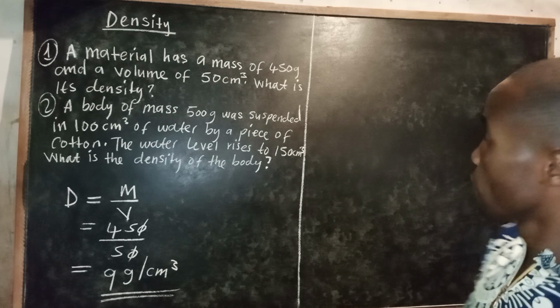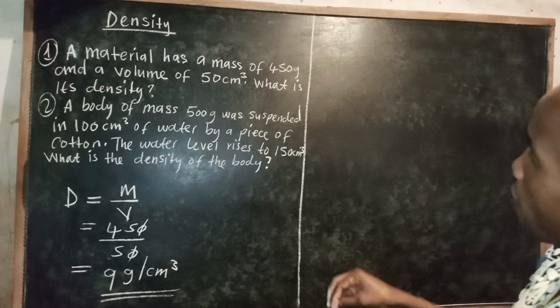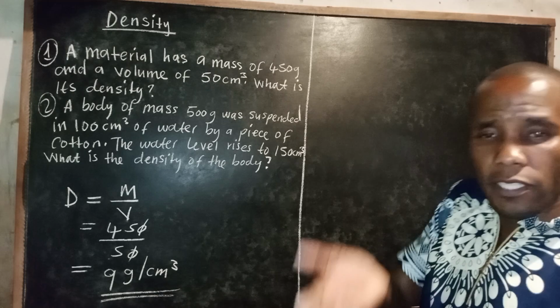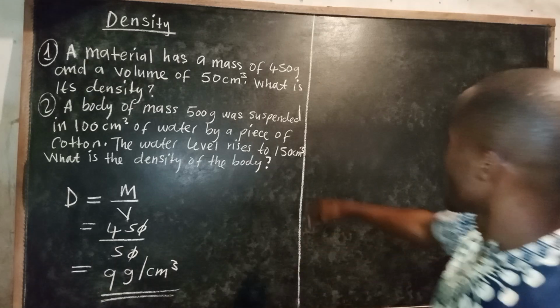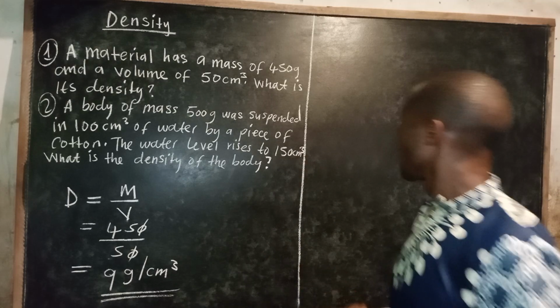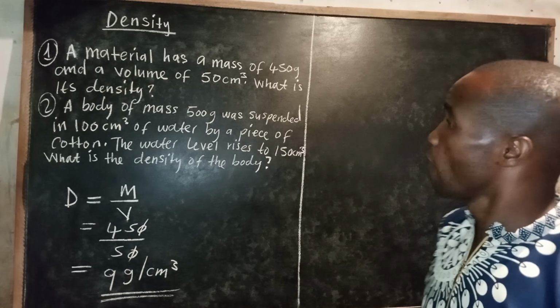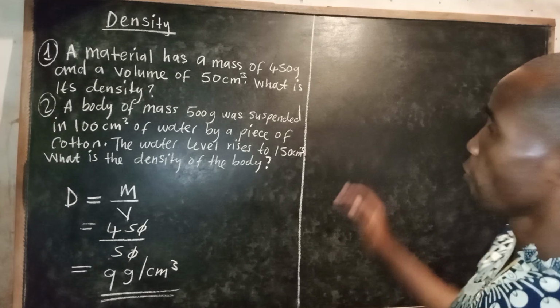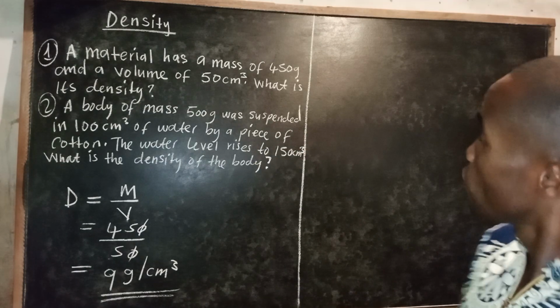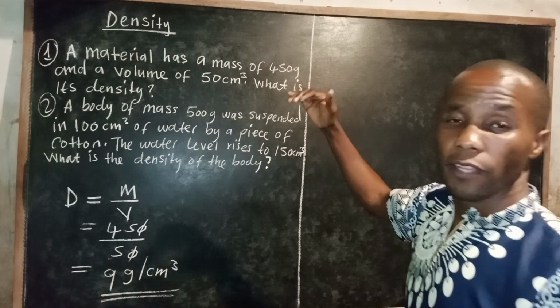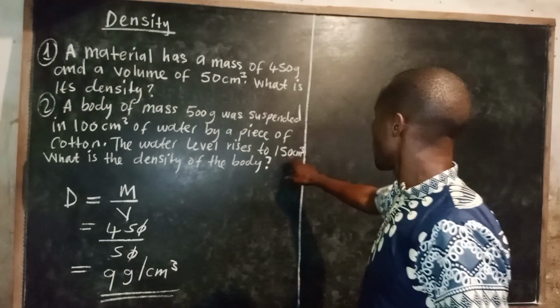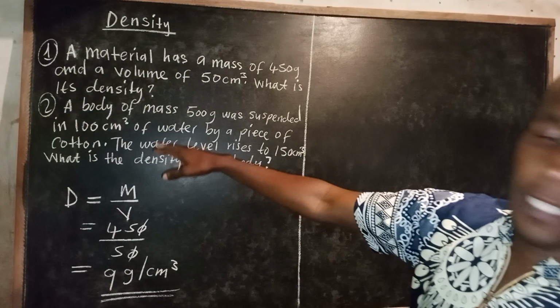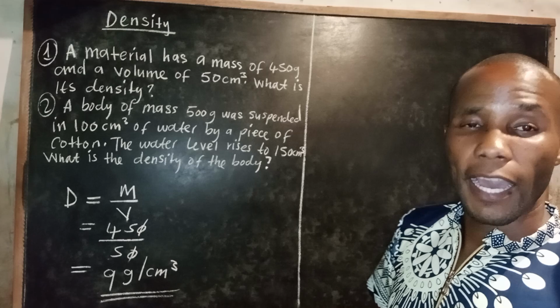When it was lowered there, the water level rises up to this measurement, 150 centimeters cubed. So for us to find the volume of this body, we need to subtract the final volume, which is 150, minus the initial volume, which is 100.